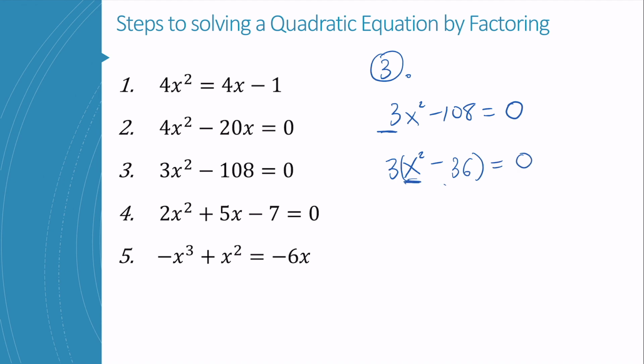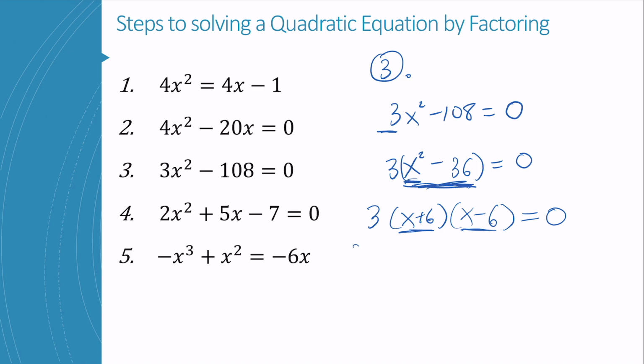Now this is a difference of two squares, so my b term is 0. I could find the factors of AC that add up to B in order to factor that, but by now, with all the practice we had in the last video, we should see that this is going to factor to x plus 6 and x minus 6. This is the product of a sum and a difference. Gets us to this difference of squares.